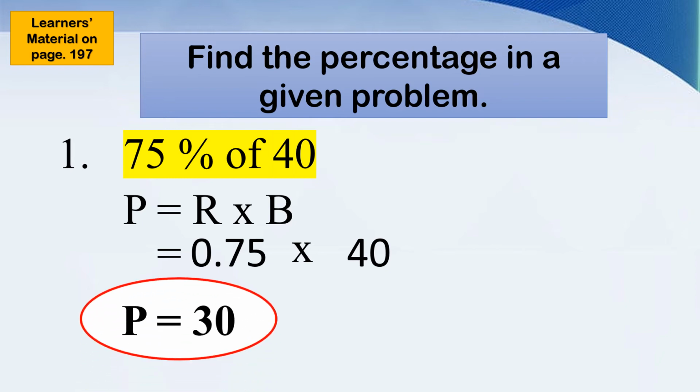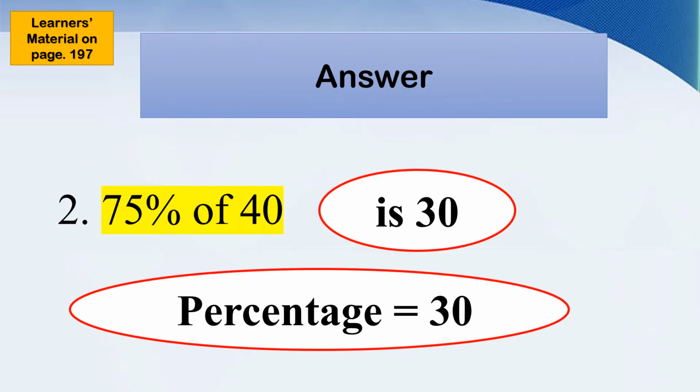The percentage is 30. Hence, 75% of 40 is 30. The percentage is 30. Did you get the answer? If your answer is 30, you are correct.